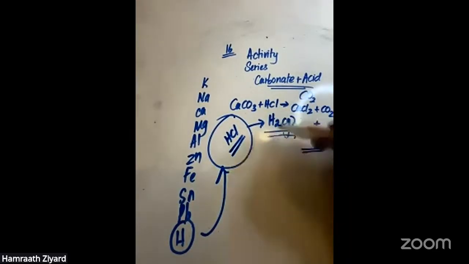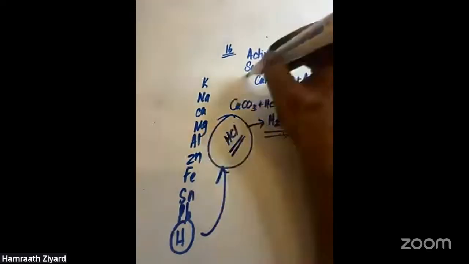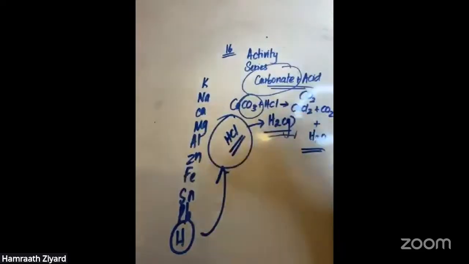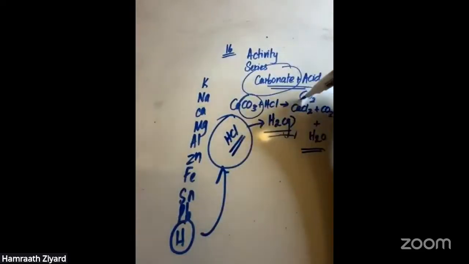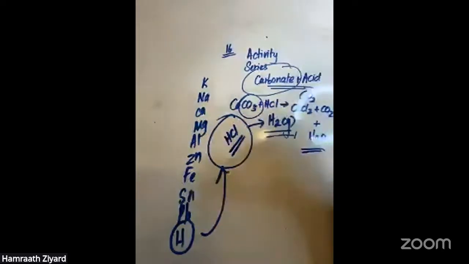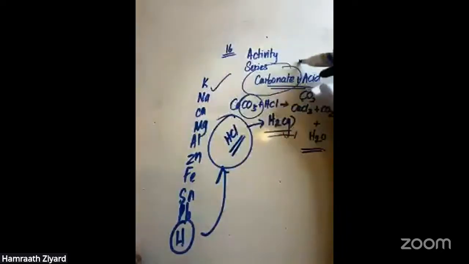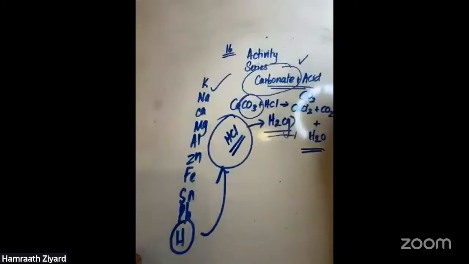So you have to understand, if any carbonate reacts with hydrochloric acid, it will form carbon dioxide. You have to know the gas they are producing. This is also one special property of an acid.